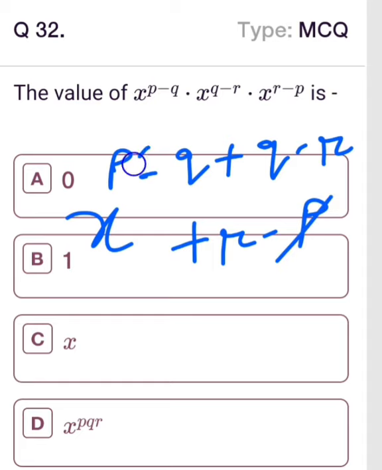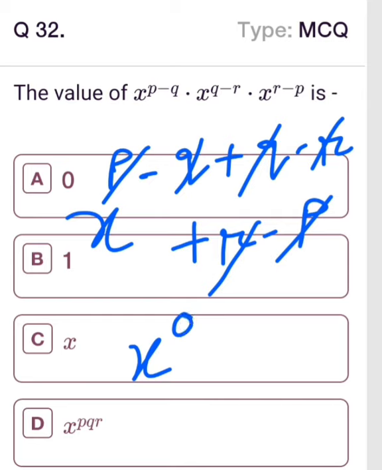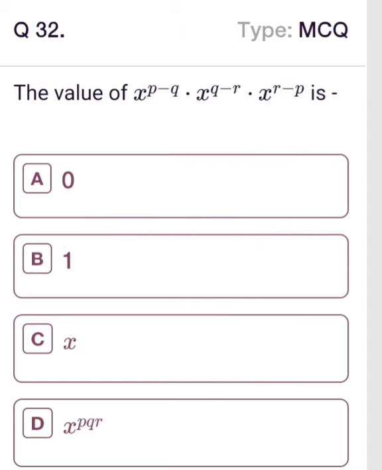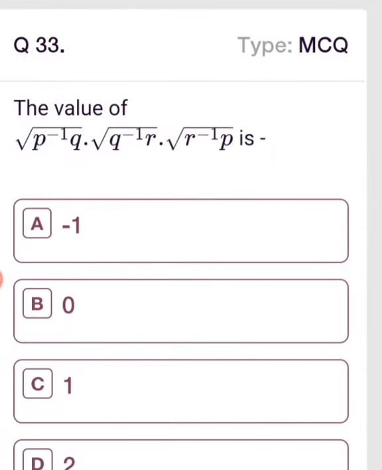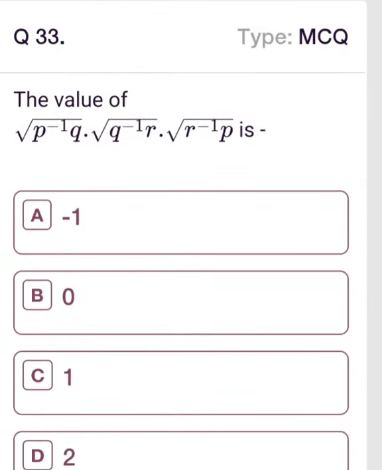So p to p cut, q to q cut, r to r cut. This is x power 0. This is 1. X power 0 is 1. So B is your answer. Come on, the next one. Next, question number 33.